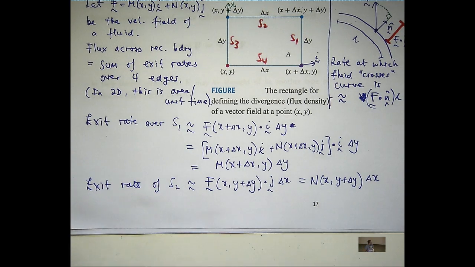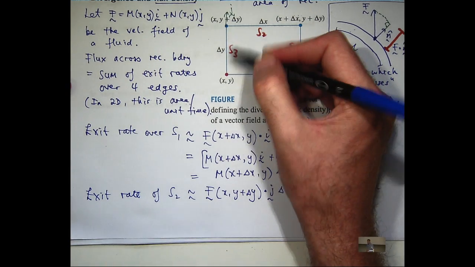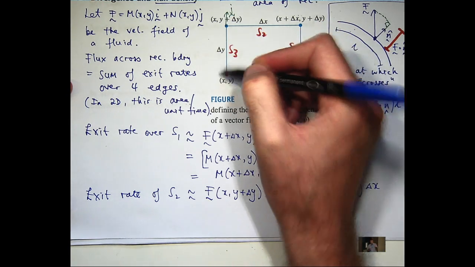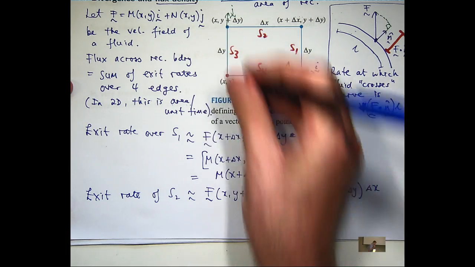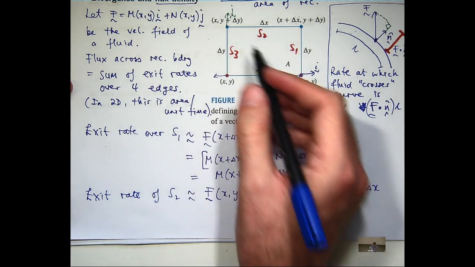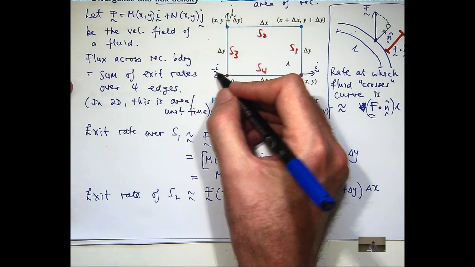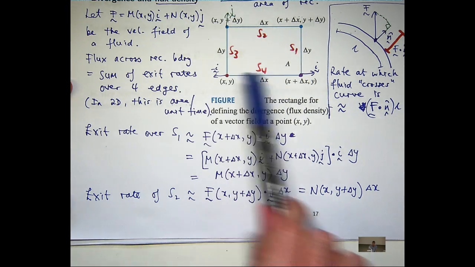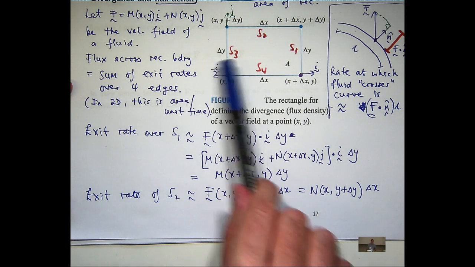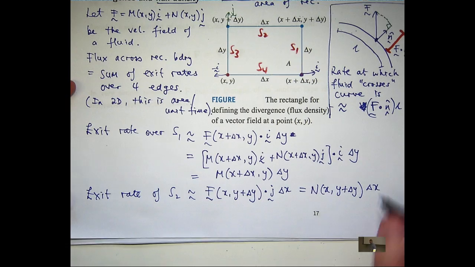Okay, and what about, say, the side S3? What's an approximation for the exit rate over there? Well, let's choose a sample point. I'm going to choose this point here. What's a unit normal vector? Well, minus I. And so essentially you want to dot f at this point with minus I and times by the length delta y.